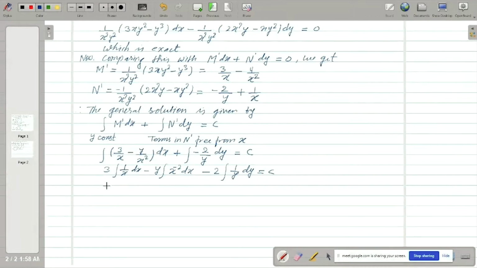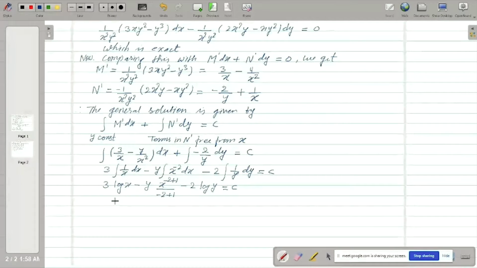So this is 3 log x minus y times x raised to minus 1 divided by minus 1, minus 2 log y.